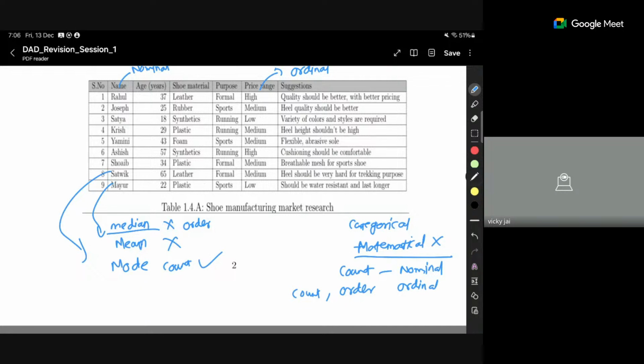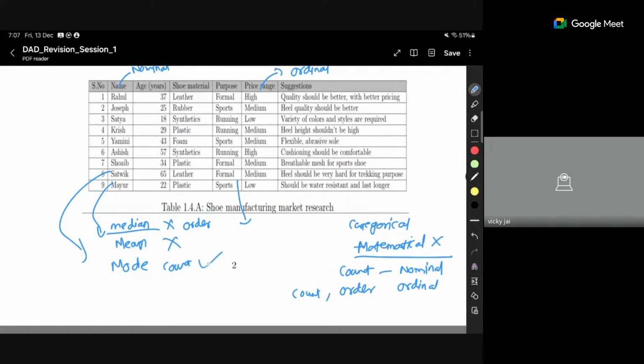If you are not feeling confident about the name column, you can see purpose, which is also nominal data. You can draw a bar chart of counts, showing how many formals are coming up.